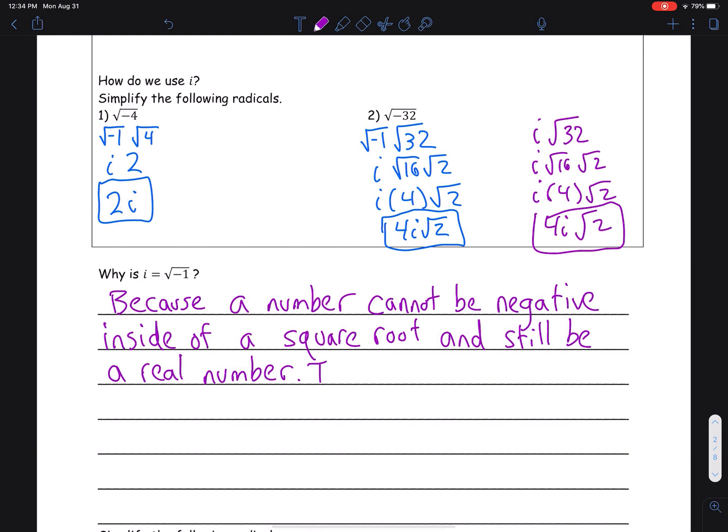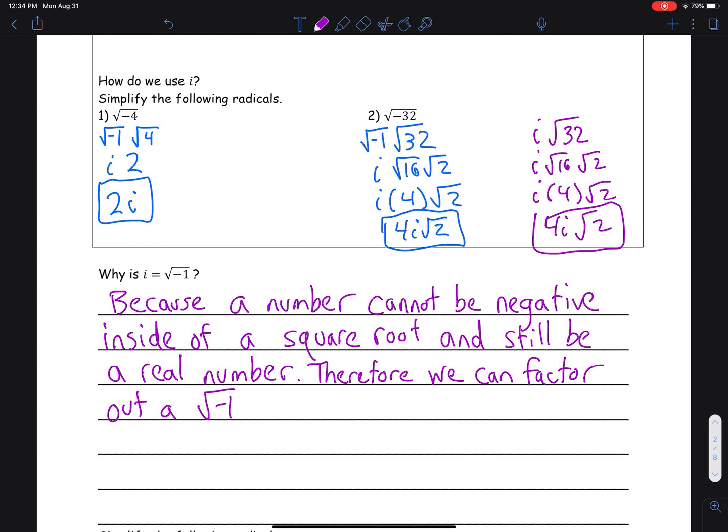So therefore, we can factor out a radical negative 1, which denotes the number as imaginary.